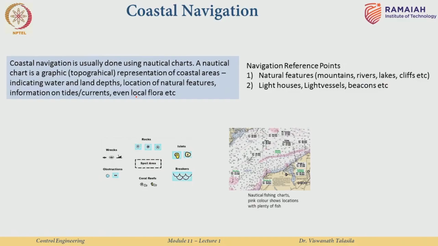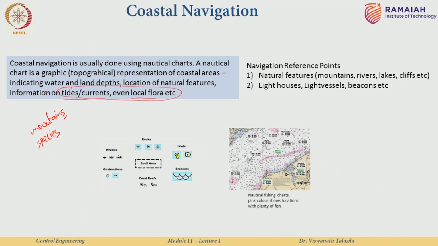For example, you would use mountains which are along the coast. You would use certain species of animals, fishes and other marine species which you see along the coast. You would also use tides and currents. Along the coast there would be certain regions which have very strong currents and other regions which have really very mild currents.